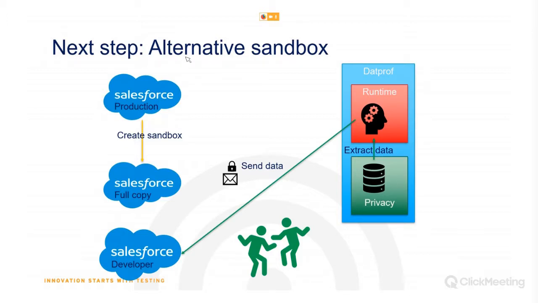You just create 3 pipelines within the DATPROF runtime, making sure that all the 3 sandbox environments are being provisioned with this new data set, or their specific data set. So everybody can work on the items that they need to work on to create that new value.